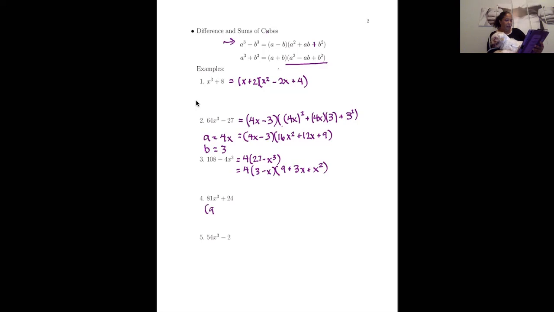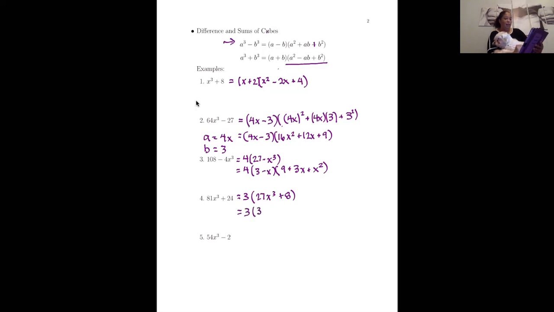Let's start by taking out a 3. So if I take out a 3, I get a 27x cubed, plus 8. All right, so then the cube root of 27x cubed is 3x, and the cube root of 8 is 2.